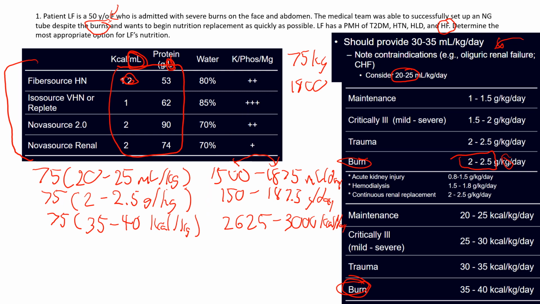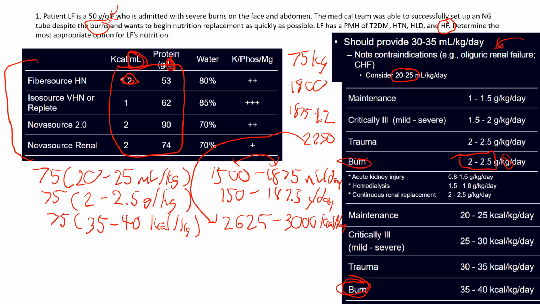So we can try instead with 1875 milliliters. If we do 1875 times 1.2, we get 2250, which you can see is still also less than our 2625.